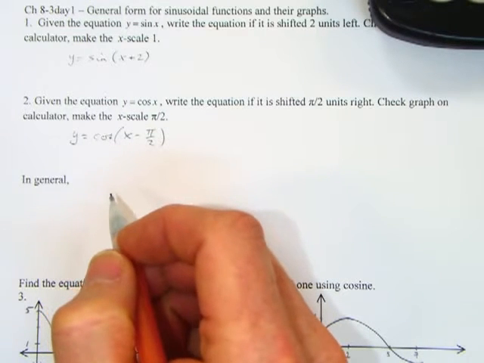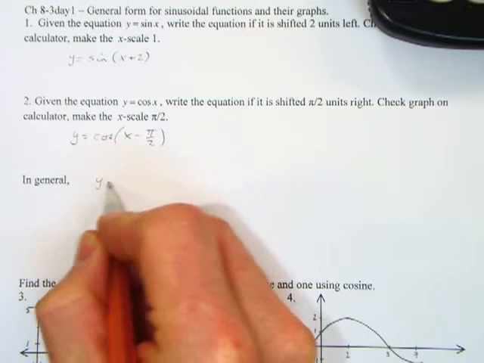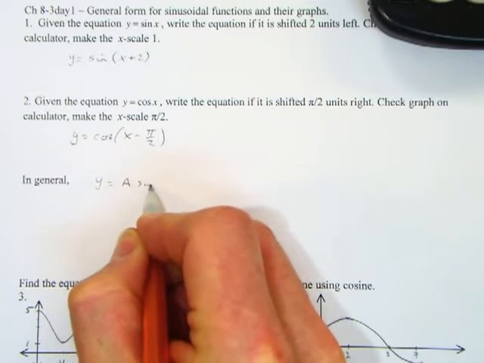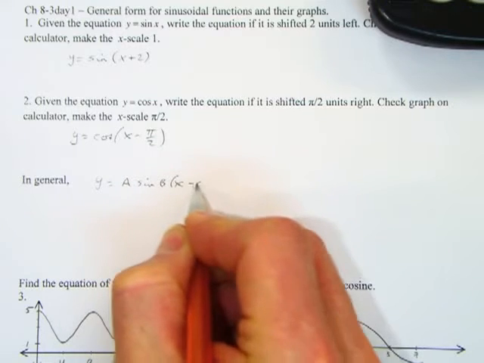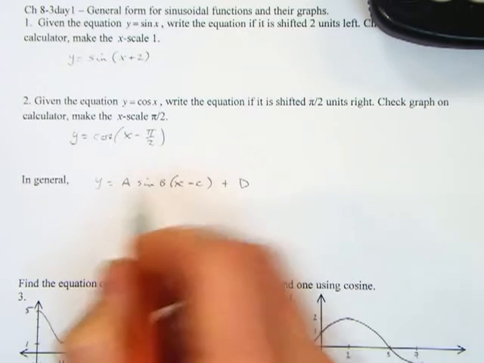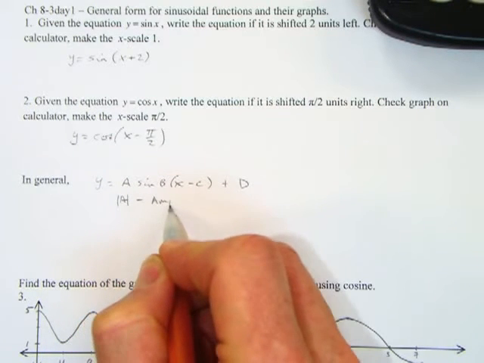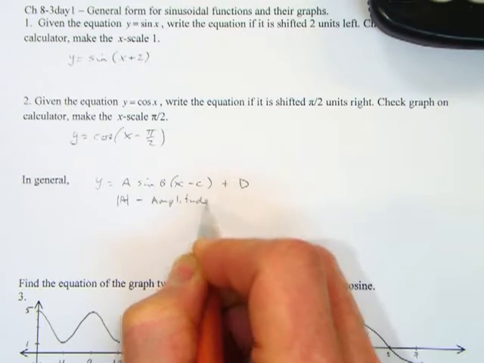All right, in general, we're going to look at our equation, which will be y equals a times sine of b times x minus c, plus d. Now we've already looked at these. Just to recap, a is our amplitude, the absolute value of it.